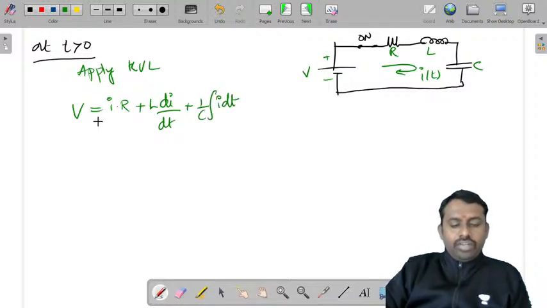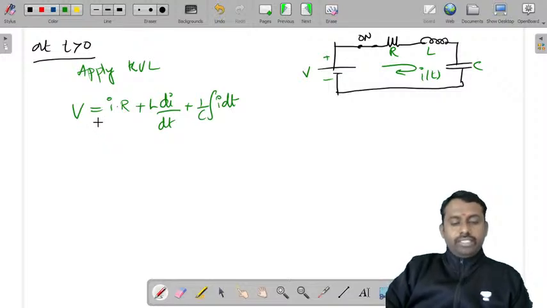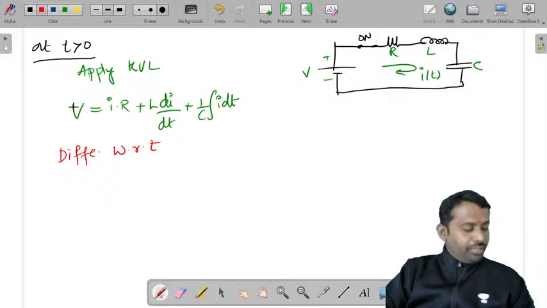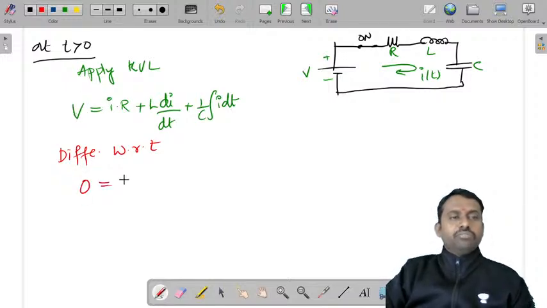Because this is an integro-differential equation, we can convert it into a differential equation by differentiating it. So differentiate with respect to t. As V is a constant input here, its differentiation will become 0.